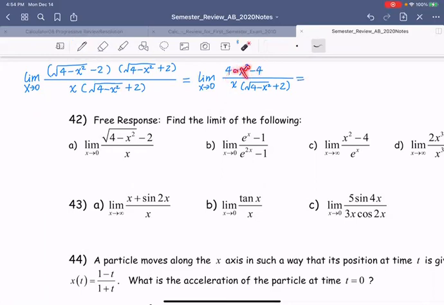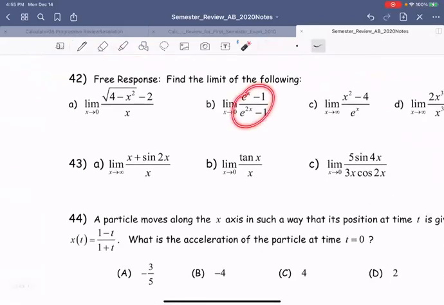So negative x, and then this is gone, right? Correct? And then here is 0. Here is not 0, so that's 0, right? If your denominator is not 0 and your numerator is 0, then that's 0, okay?